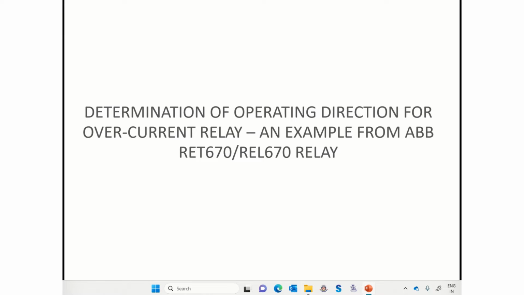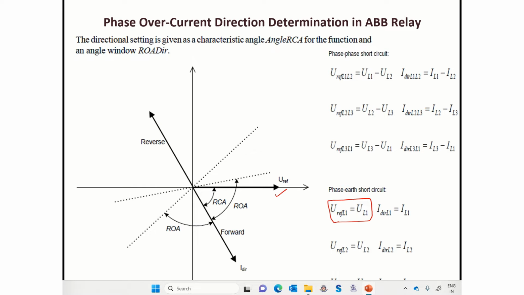from ABB. And in the last session, we discussed that in order to determine the operating region for any directional overcurrent relay, there are two things.